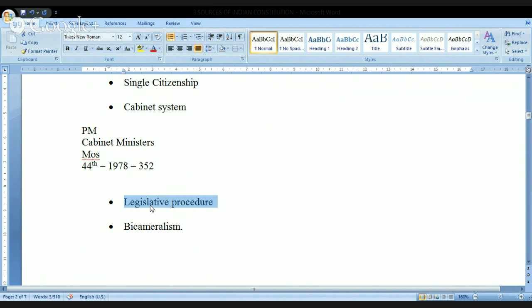That is another one. And the last one, if you look at this, bicameralism. And we know what is the meaning of bicameralism. It is nothing but the two houses that are present in the parliament. Of course, there are so many countries in the world where they have two houses in the respective parliaments.